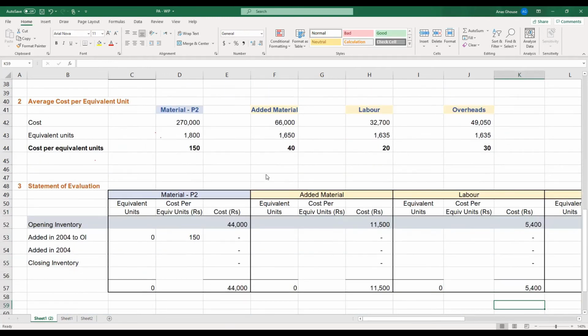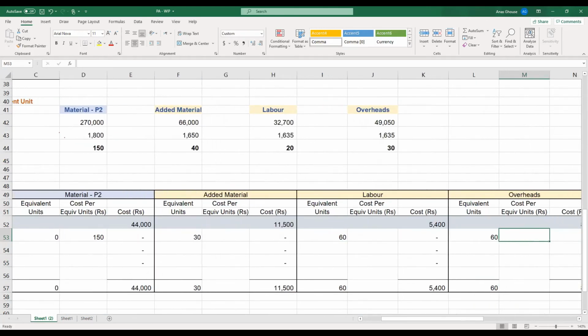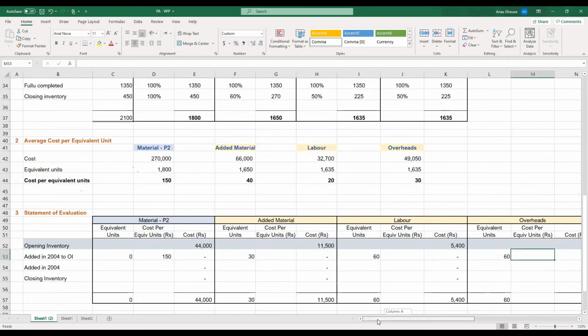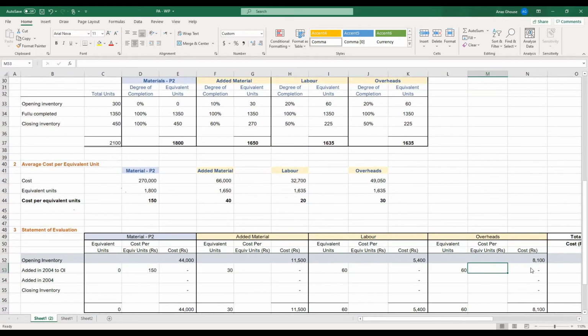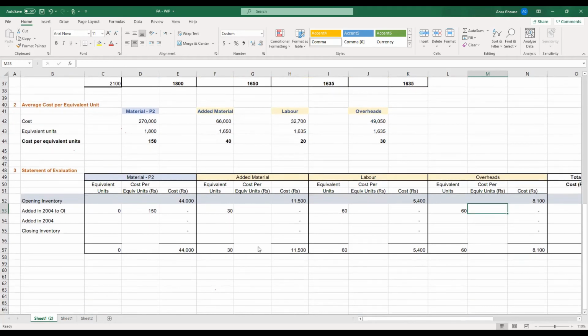Okay, so let's take those equivalent units first. 30, and here 60, and 60 overhead cost. Now, what is the cost per equivalent unit for added material, which is 40.